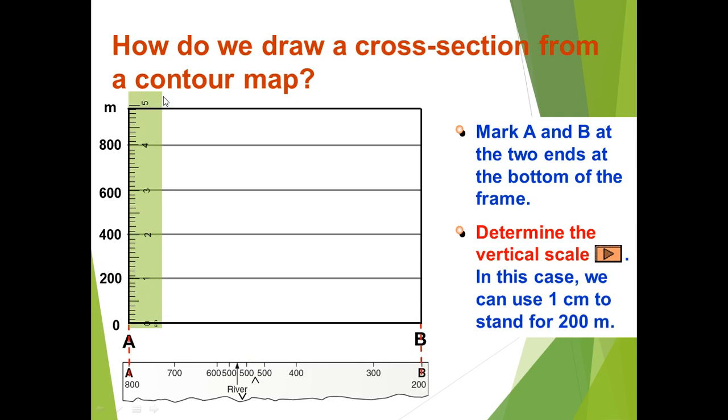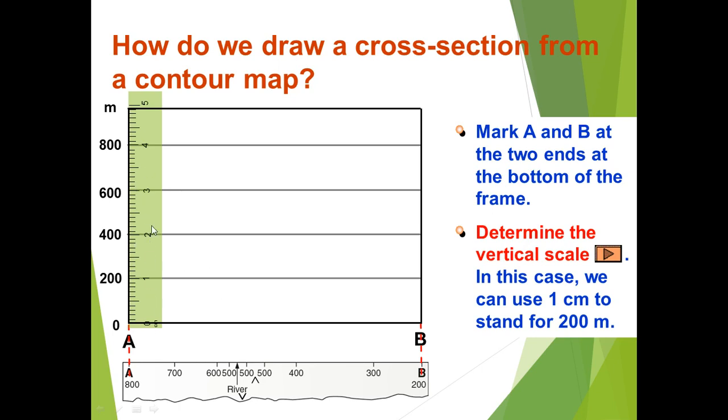So if you're doing this step, you have to pay attention to the maximum number and also the minimum number you mark on the paper strip, because you have to know what kind of scale you need to use. Because right here, if you use the scale 1 cm to 100 meters, this frame will be too large.